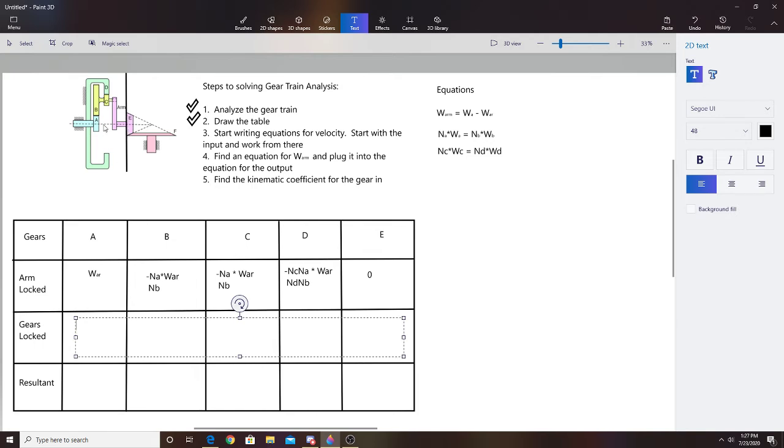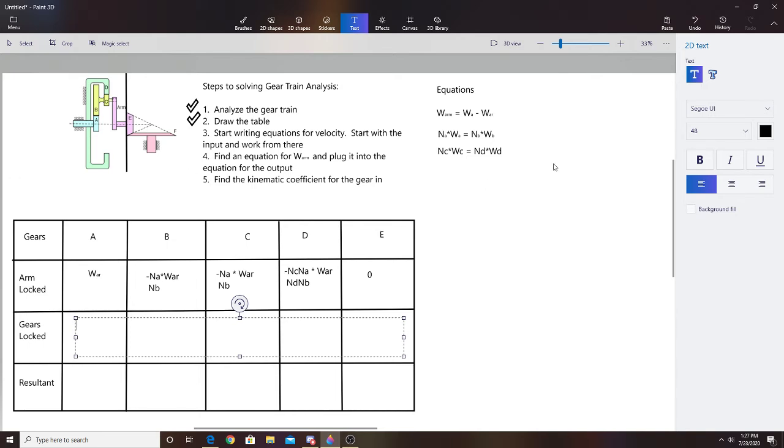So think about it this way. That'd be like if we skipped B because we know it's the same as C. But it makes more sense to show B, I guess. But the point is that since the arm is the same as E, we skipped it and just put E there. Because if we know E, we know the arm, right? And so you can do the same thing with the velocity.